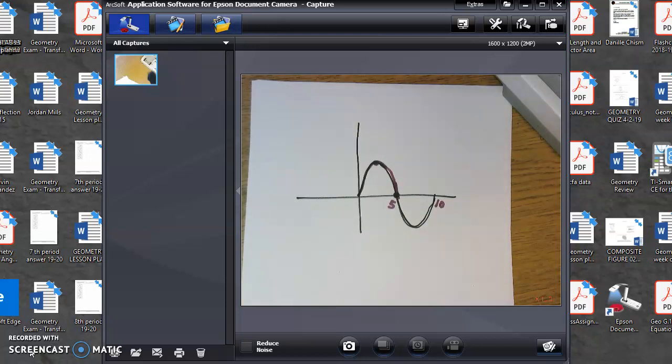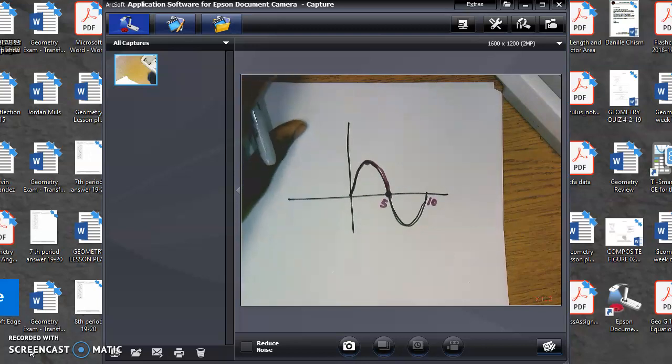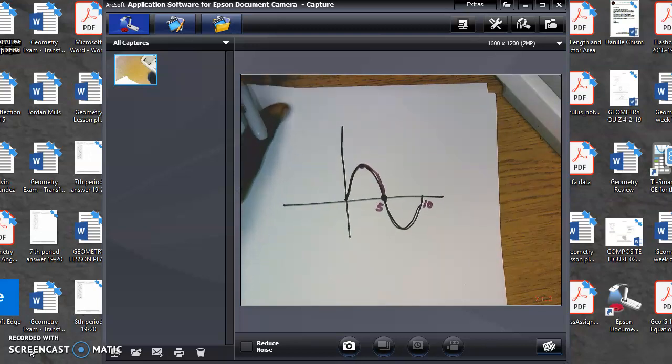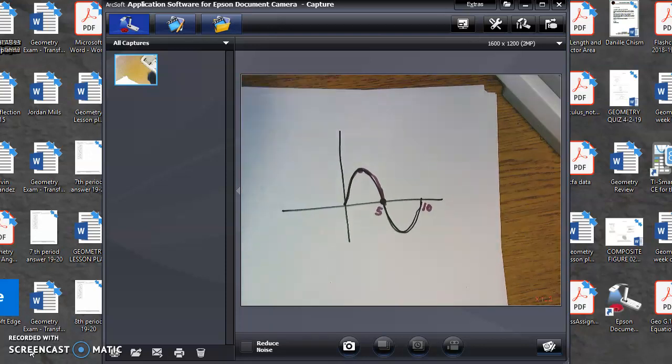So let's try to do one more example where we have a graph, and then we'll move on. This time I'm going to give you the second derivative function, and then we're going to try to determine where the graph is concaving and what the points of inflection are. So let's look at this.